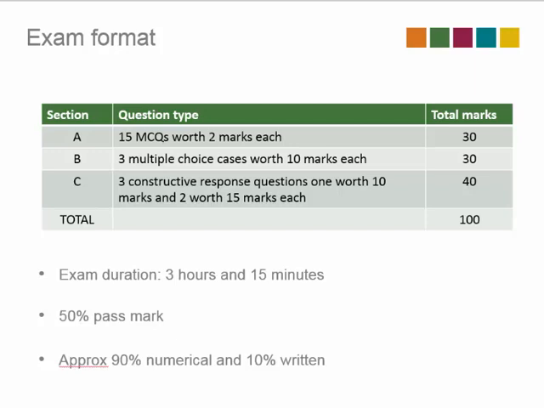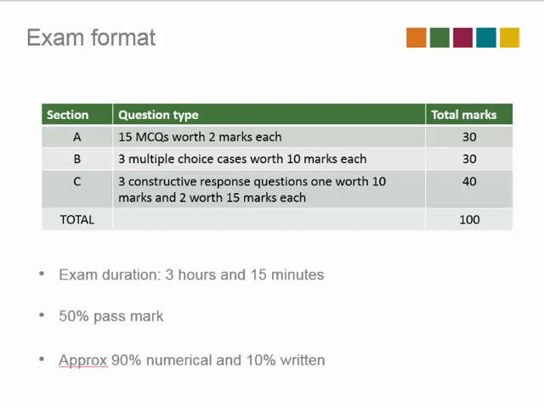The final section is section C. Now that's made up of 3 longer questions known as constructive response questions. One of them is a 10-mark question and the other 2 are each worth 15 marks, so in total 40% of the paper. Those questions, there will usually be an income tax question, there will usually be a corporation tax question, and there will be one other question.